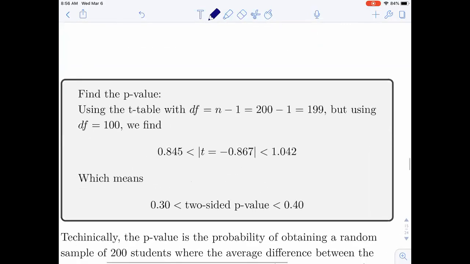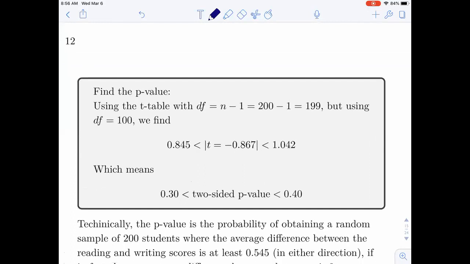Step 3, we're going to find the p-value. So again, using the t-table with 200 minus 1 degrees of freedom. Oh, it's a little copy-paste error. n D minus 1 is 199, but we know from our table there is no 199.